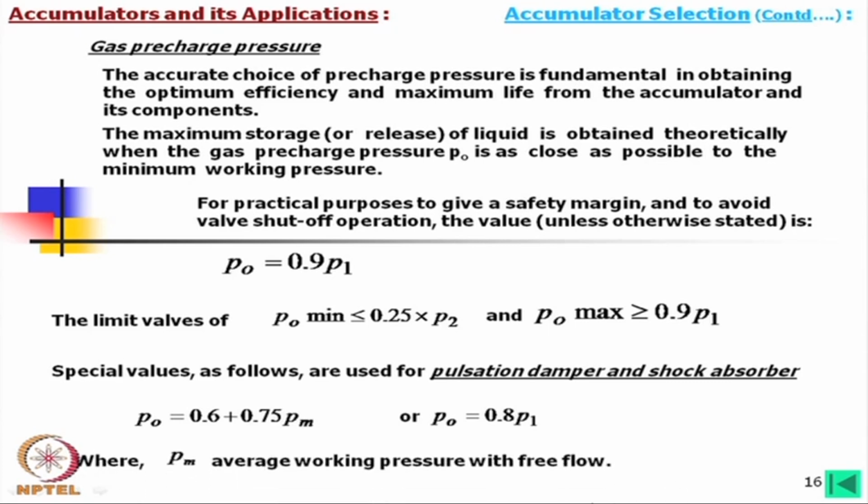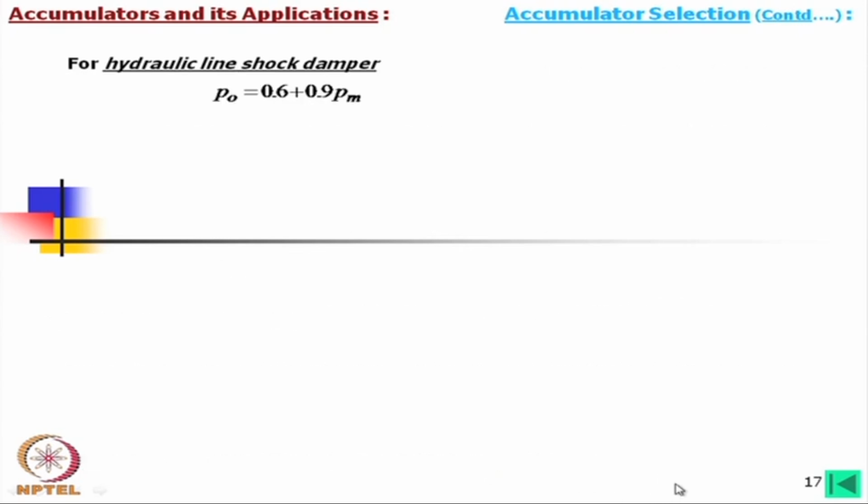Where Pm is the average working pressure with free flow. Now, this free flow means when there is no restriction over the flow from the accumulator. For hydraulic line shock damper, it is again taken as P0 is equal to 0.6 plus 0.9 Pm.